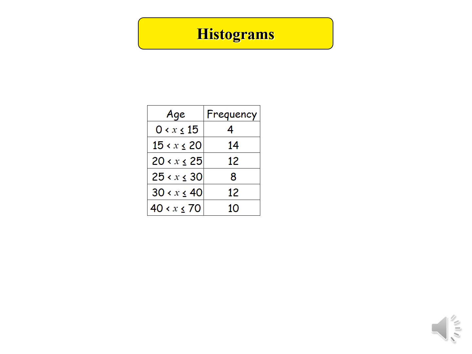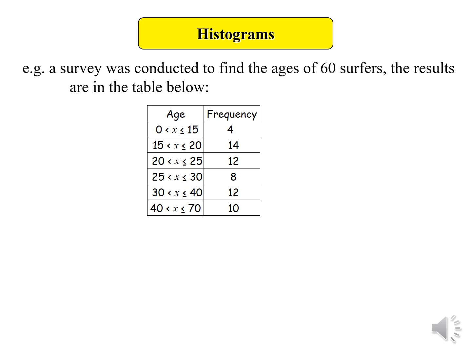So here is the table for the survey conducted to find the ages of 60 people, defined in age groups 0 to 15, 15 to 20, 20 to 25, 25 to 30, 30 to 40, 40 to 70.